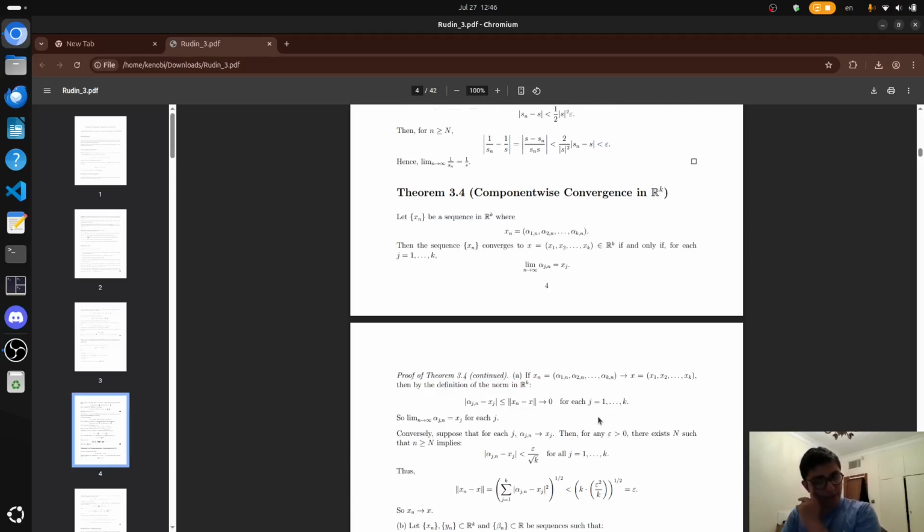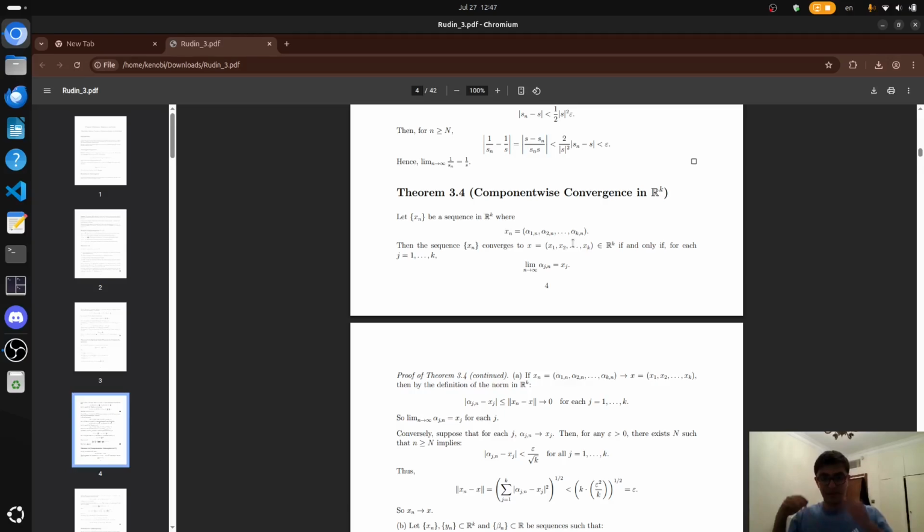And for component-wise convergence in Rk, the sequence xn converges to x equals (x1, x2, ..., xk) in Rk if and only if for each j equals 1 to k, the limit as n goes to infinity of xjn equals xj. So basically each dimension is converging separately.